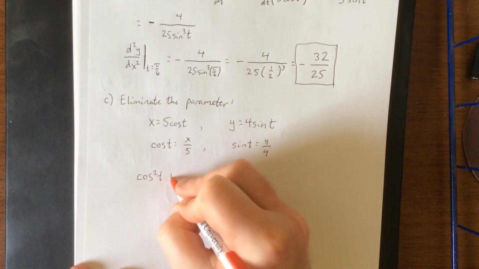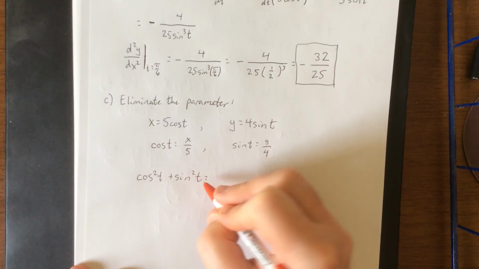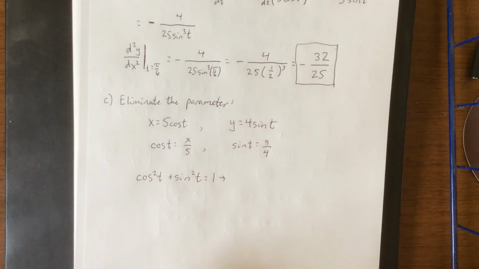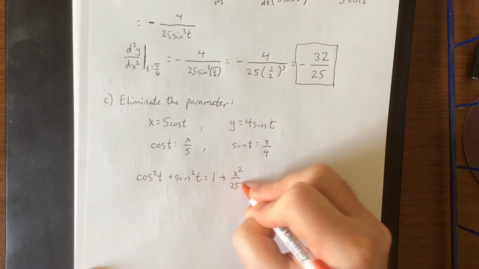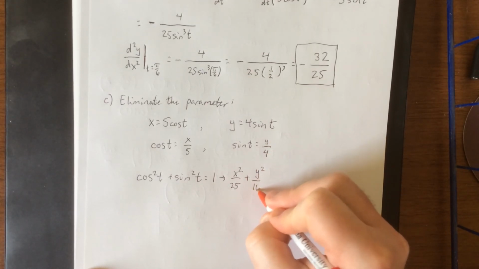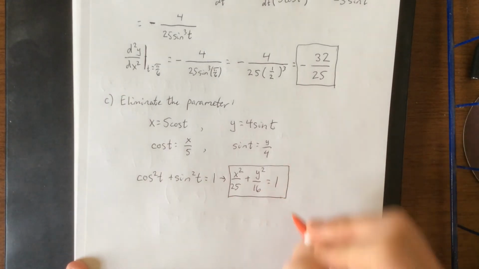Then if we apply the Pythagorean identity, which states that cosine squared of t plus sine squared of t is equal to 1, squaring the x over 5 will give us x squared over 25, plus squaring the y over 4 will give us y squared over 16 is equal to 1. This is the equation of an ellipse.